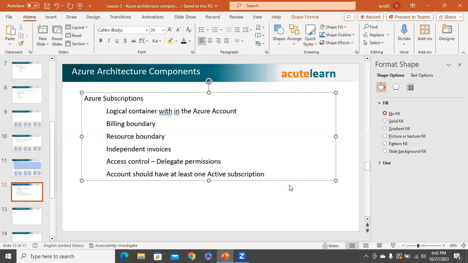By default, when we create an Azure account, Azure will create a free subscription, worth some 12,000 rupees and valid for 1 month. So we can play around with the resources, and after that, we need to buy subscriptions in order to create the resources. It means we need to have at least one active subscription in place in order to consume the services of Azure.